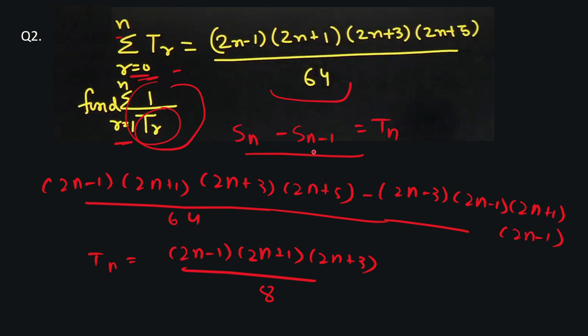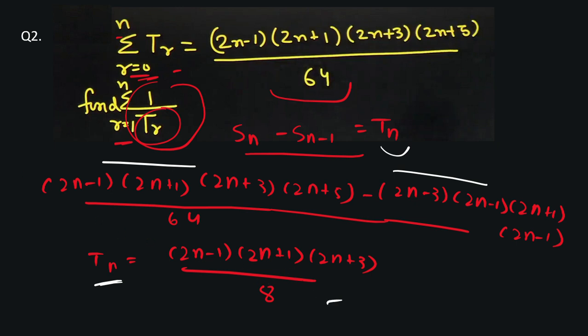Here this is Sn, and this is Sn minus 1. So we are subtracting both and we get tn, the value of tn, which is this one.